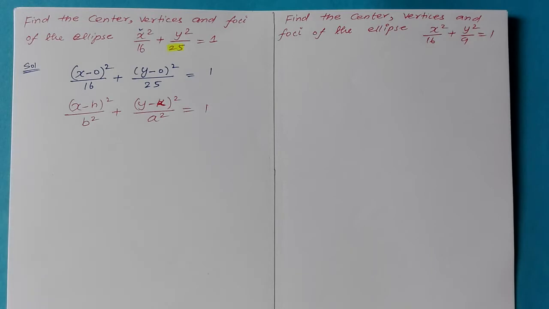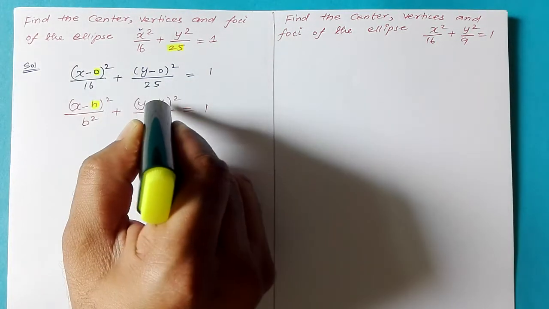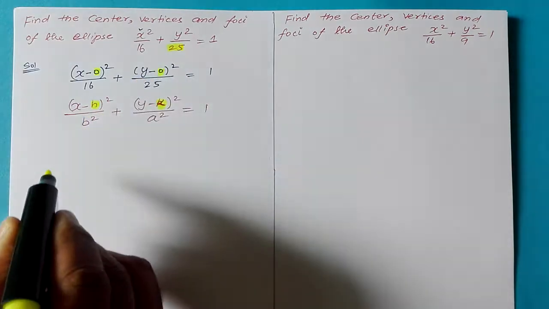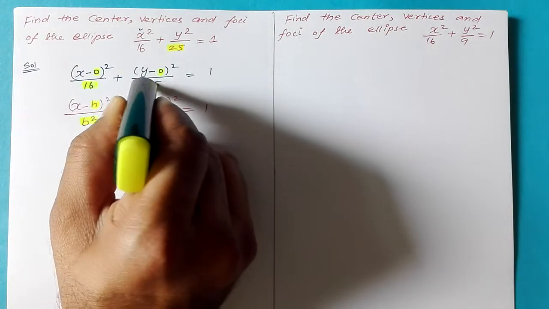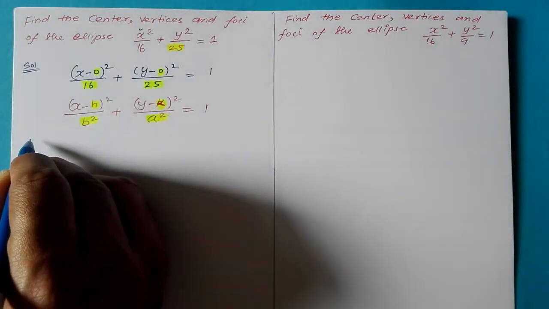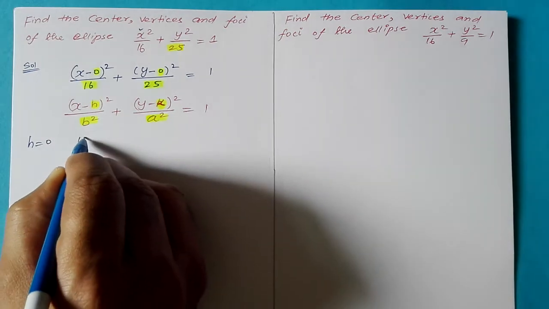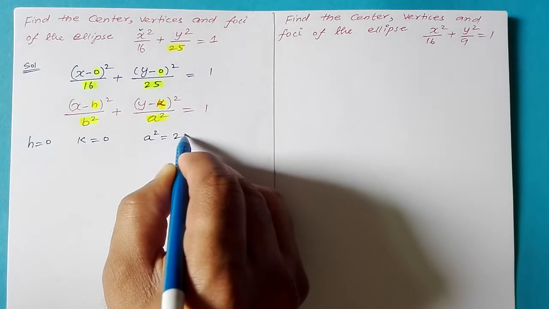Now just compare all the values here. What is h? 0. What is k? 0. What is a square? 25.